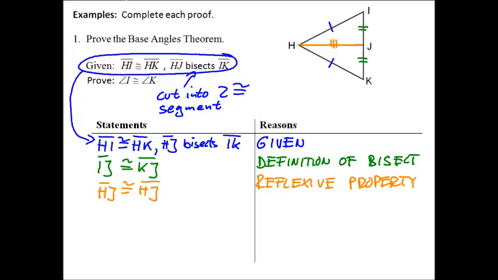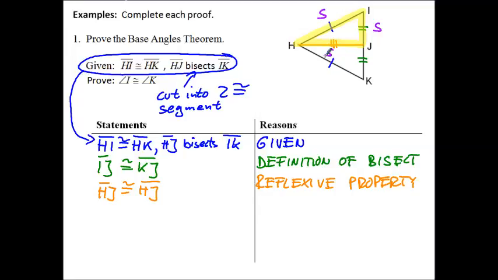So let's see what we have so far. If we just look at one triangle for now, what have we found? We have found that this side is congruent to another side, this side, and this side. We have found three sides that are congruent to the corresponding sides of the other triangle.